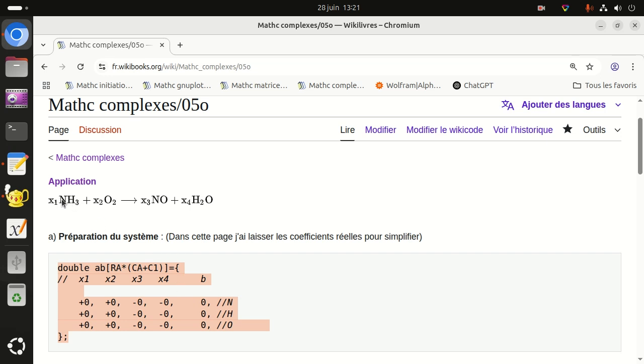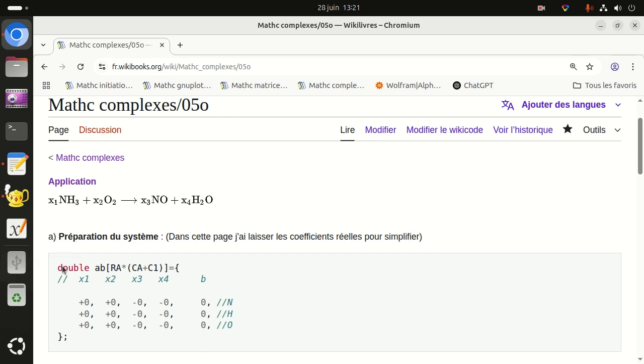The first element is sodium, so the first line is for the sodium. You have here hydrogen. So I use the second line for hydrogen. You have oxygen, so I use the third line for oxygen. Sodium, oxygen, hydrogen, oxygen. Okay.